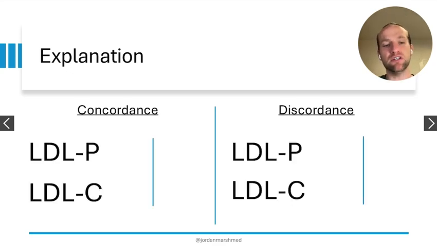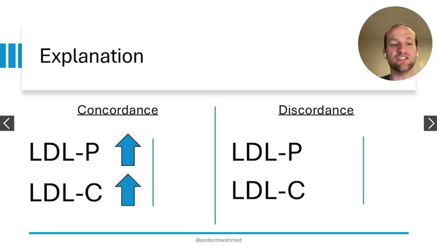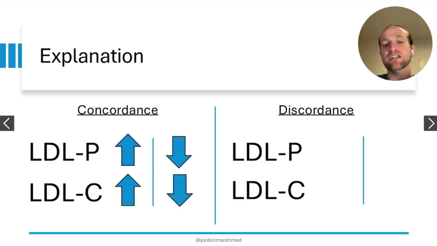I've obviously put, when there's concordance between the two, what am I saying? I'm basically just saying that either LDL-P and LDL-C are both high or elevated, or LDL-P and LDL-C are both low or non-elevated, right? And it should be noted that this is generally the case for most people.